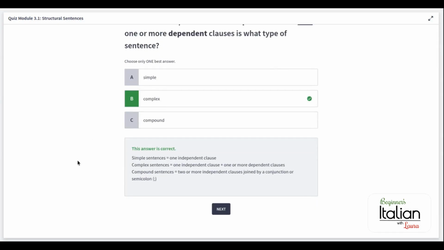Okay, so the correct answer is B, complex. Just to recap, simple sentences contain one independent clause. Complex sentences contain one independent clause plus one or more dependent clauses. And compound sentences contain two or more independent clauses joined by a conjunction or semicolon.